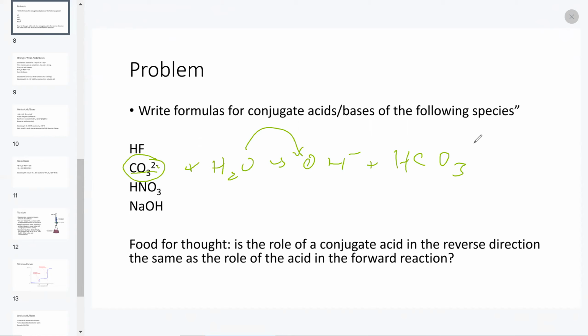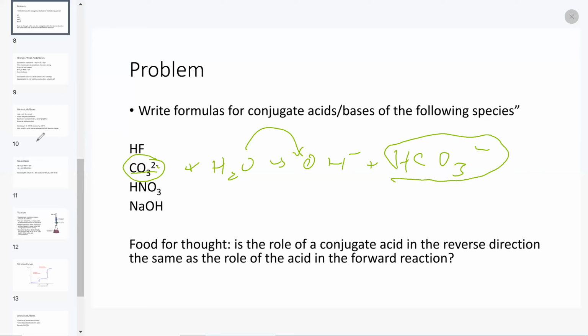So this should be 1 minus, right? Because we're combining 2 minus with 1 H plus. So 2 minus 1 is 1. So we have 1 minus. And this is the conjugate acid, right? Because this acts as an acid to form CO3 2 minus.